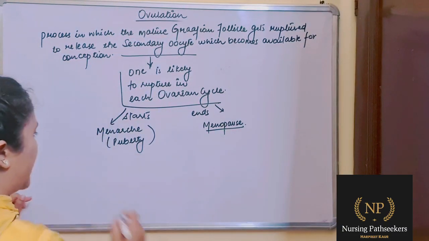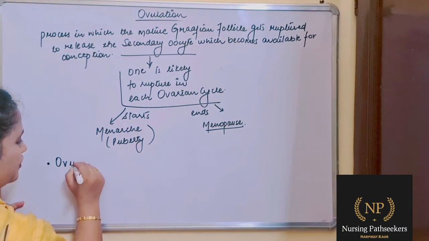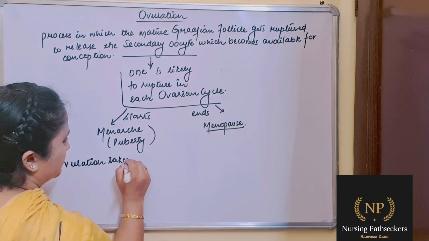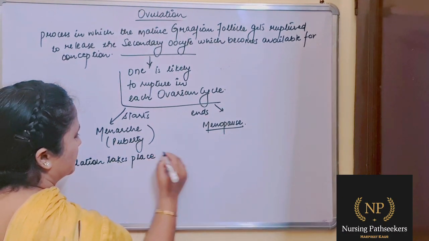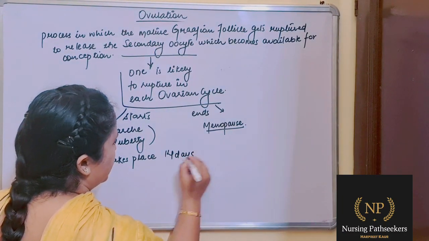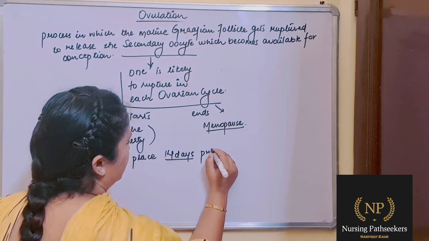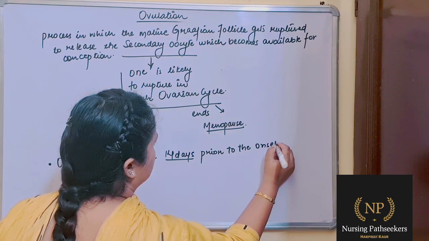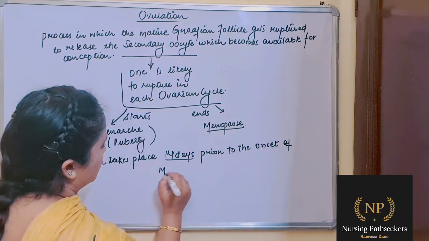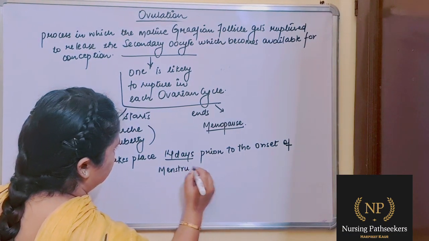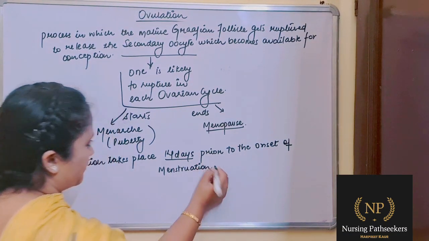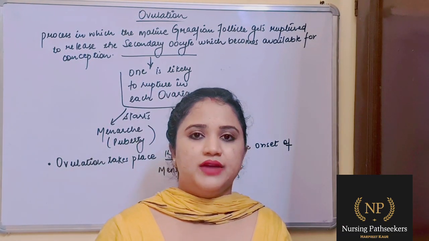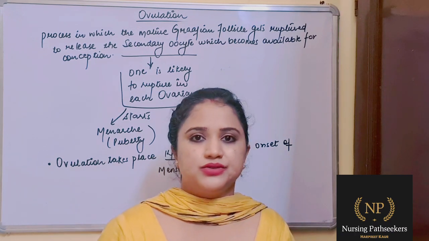Always remember that the process of ovulation takes place 14 days prior to the onset of menstruation. I kindly request you to please watch my menstrual cycle video, right? Each and every concept will be clear to you, right?